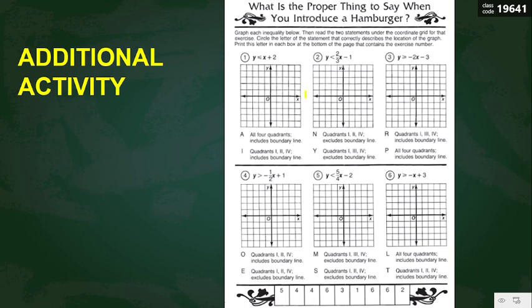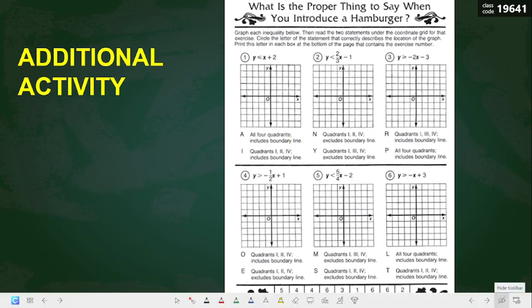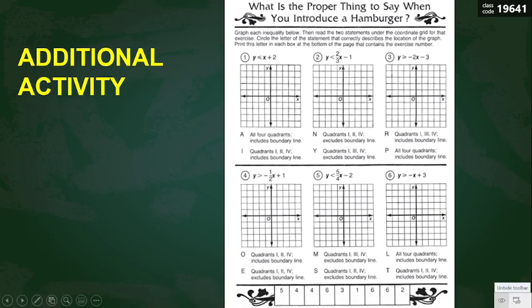Di ba pag ginraph nyo to, mayroong part na shaded. So, again, kapag solid line yung ginamit, kailangan ang pipiliin nyo sa choices ay yung may includes. Pero kapag broken line yung ginamit nyo, ang pipiliin nyo ay yung may excludes.